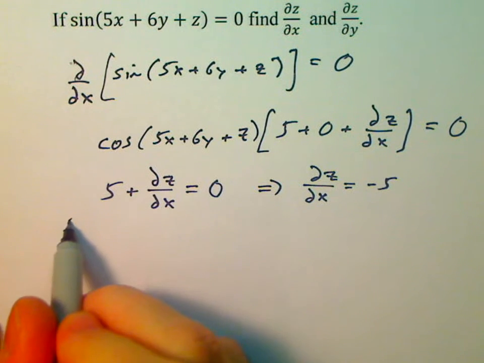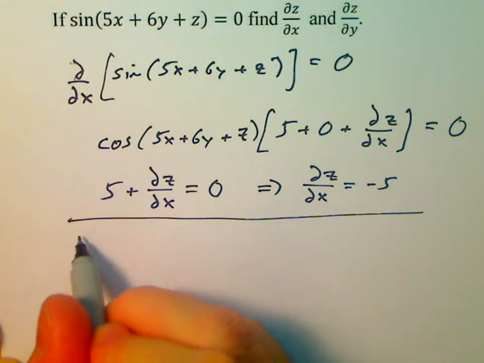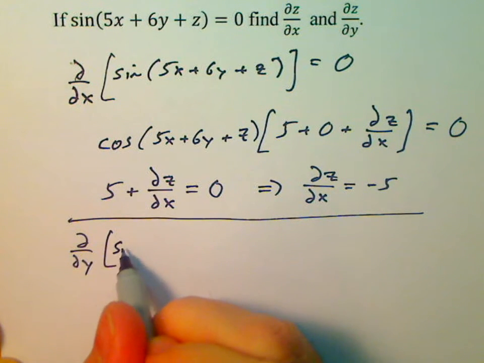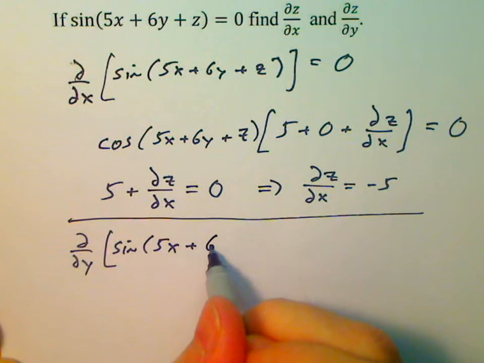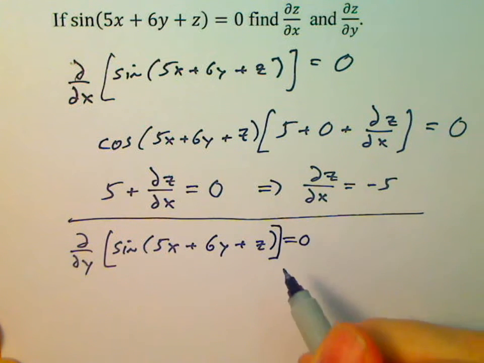And then likewise, we can do the same thing for y. And we're going to have partial with respect to y of sine 5x plus 6y plus z is 0.